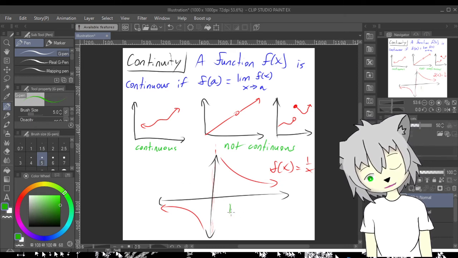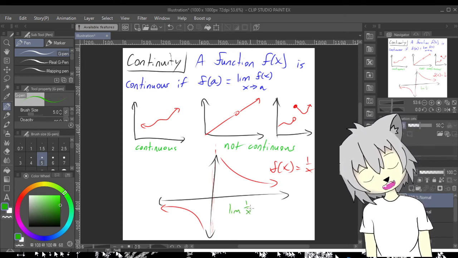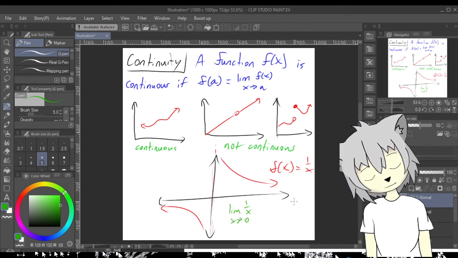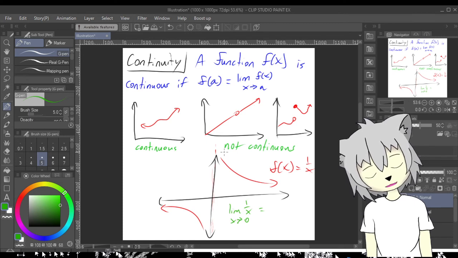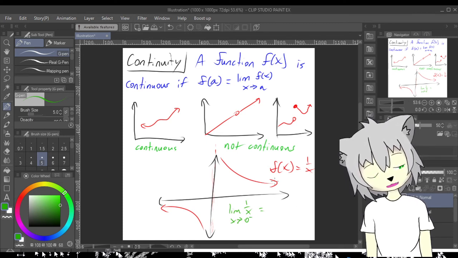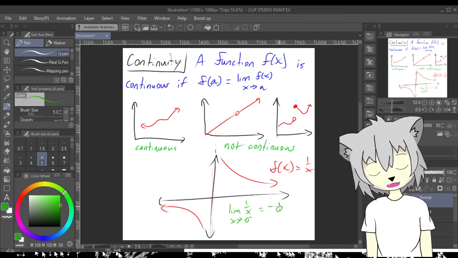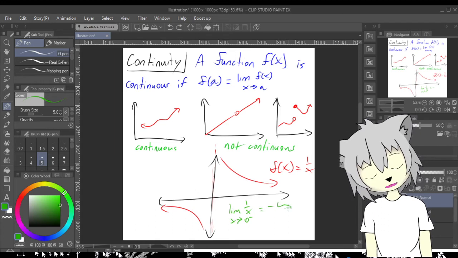The limit of 1 over x as x approaches 0. That is also undefined, but for the one-sided limit, as we approach it from the small side, we can technically write it as negative infinity.